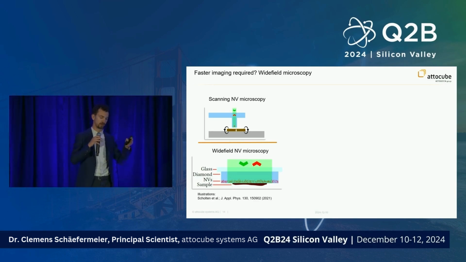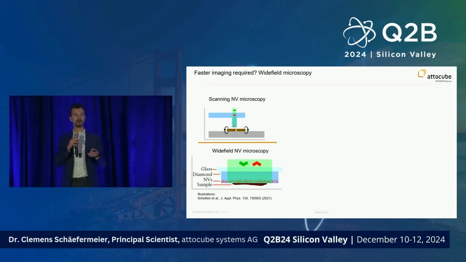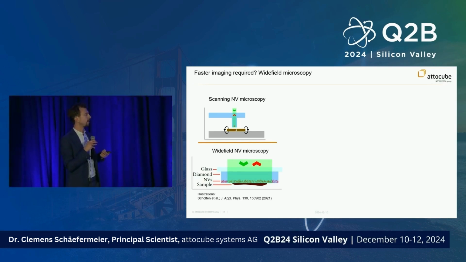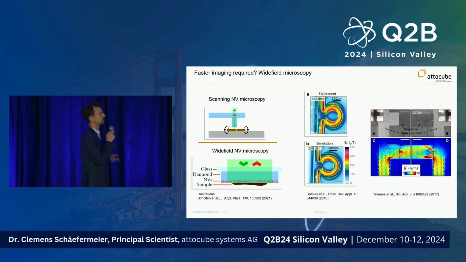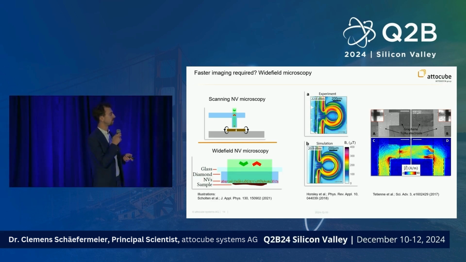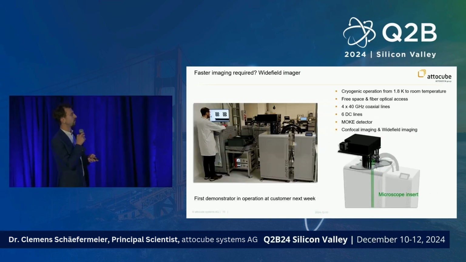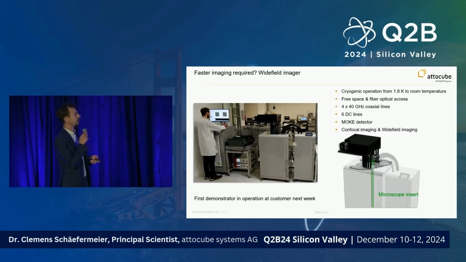And you can get what, 50 by 50, 100 by 100 micrometer image in a few seconds, and can learn about current flows or magnetic fields. And this has been proven also some years ago already. So we thought this is a very natural way to go, and we wanted to go there, and we did go there. So this is our development, which we are going to install next week at the customer side.